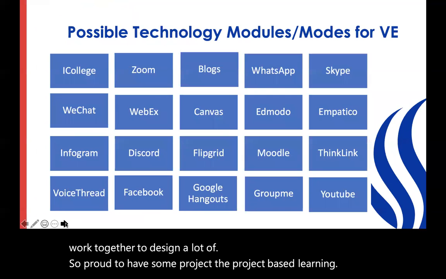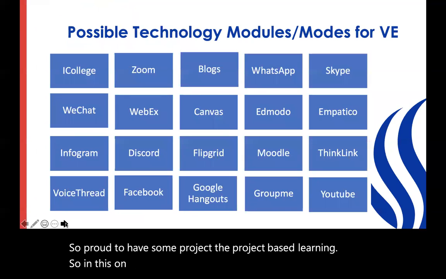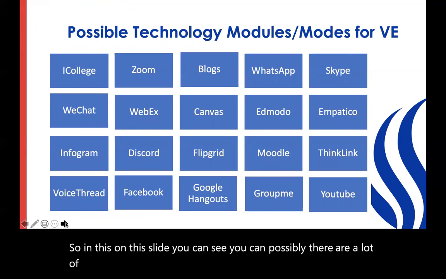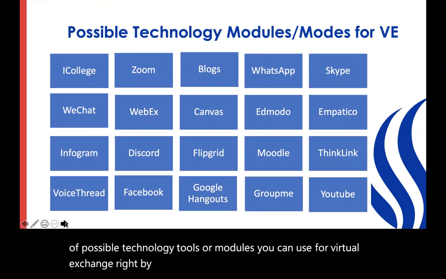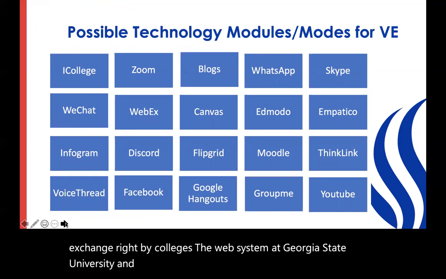On this slide, you can see there are a lot of possible technology tools or modules you can use for virtual exchange, right? iCollege is the web system at Georgia State University, and now a lot of people are using Zoom, right?